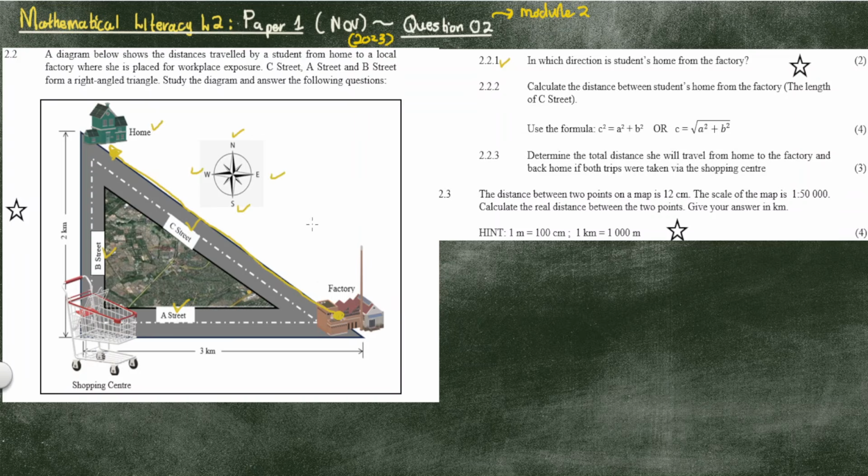Now, what is the direction from the factory to the home? It's going to be northwest. 2.2.1. The answer is northwest. It's between north and west, so the direction is here.